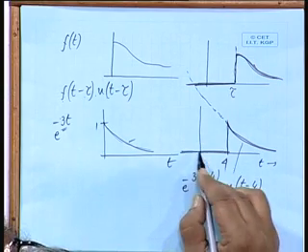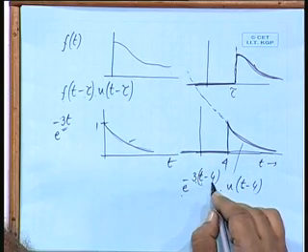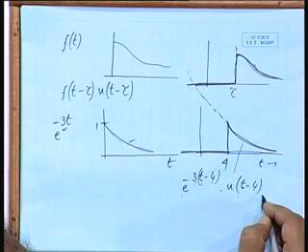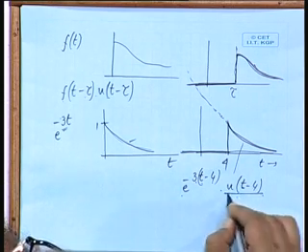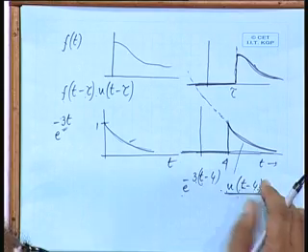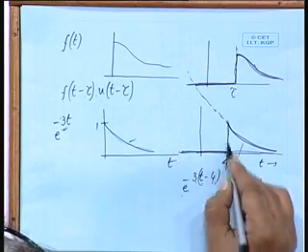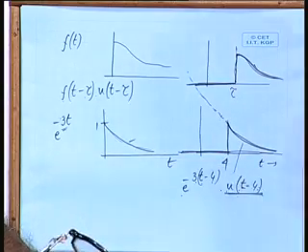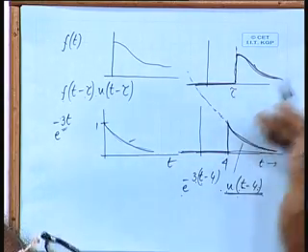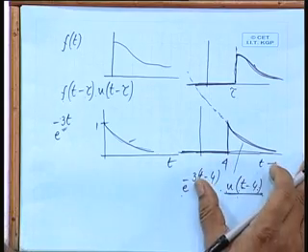So, in the time domain I will write e to the power minus 3 t minus 4 into u t minus 4. So, you will find this u function, u t minus 4, t minus tau and so on, is clubbed with this to represent a function which is starting after tau, after 4 seconds, and before that it is always 0. Okay.